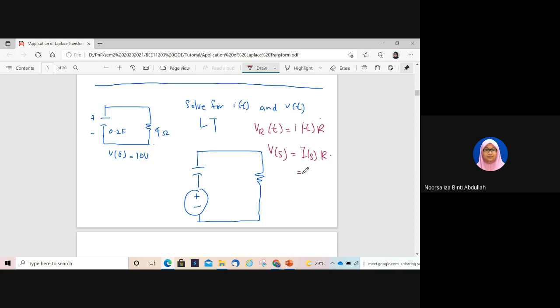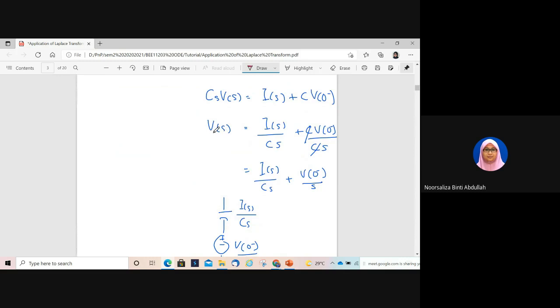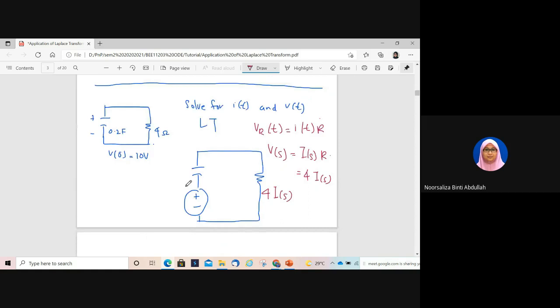It is 4, so 4 I(s). And how about here? Here, we did this earlier: V(s) equals I(s) over Cs plus V(0-) over s.